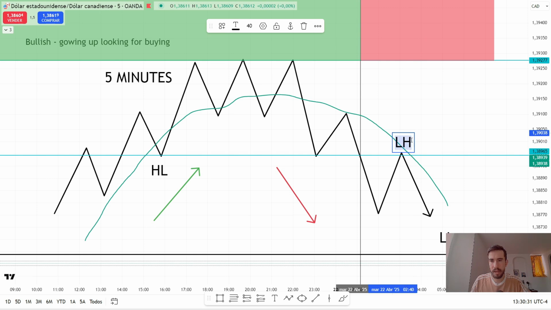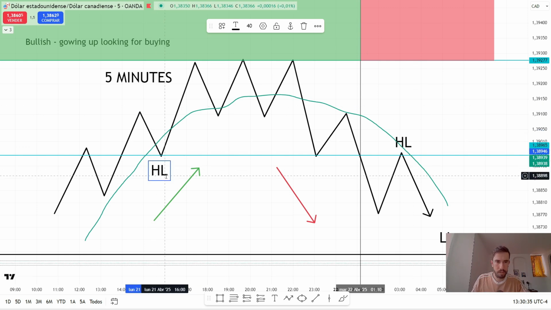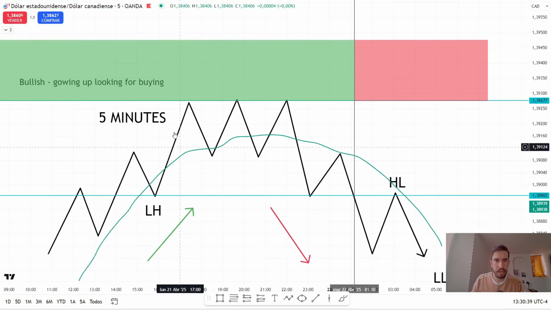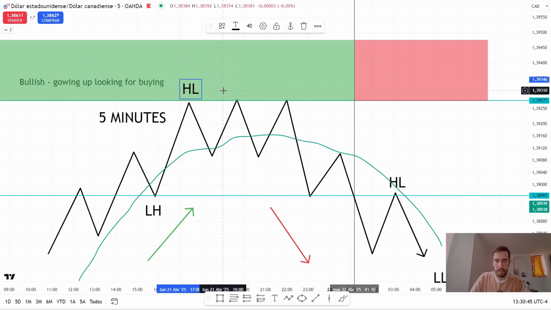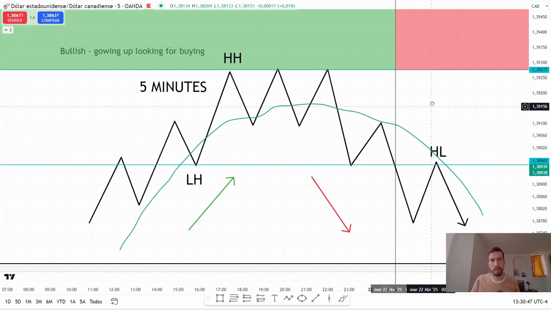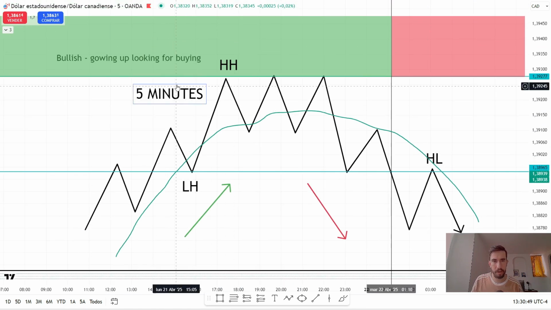Sorry guys, this wasn't a lower high, it was a higher low. This is the higher low, this is the lower high, and this is the higher high. So remember, we have this structure here.